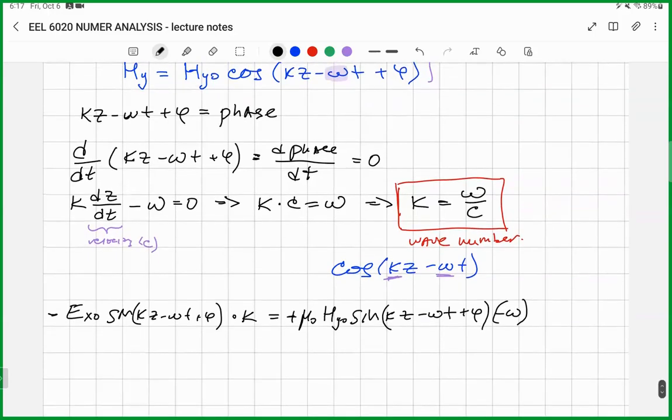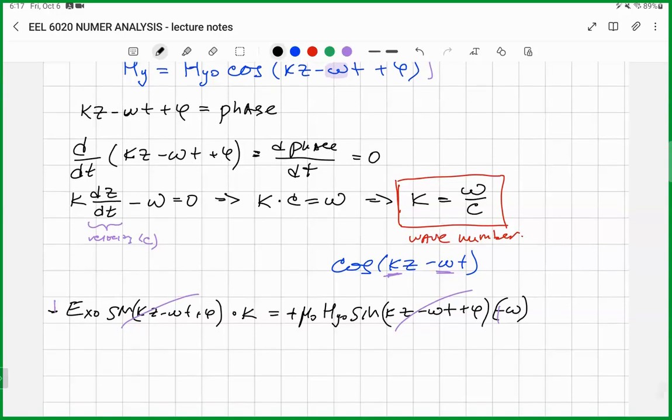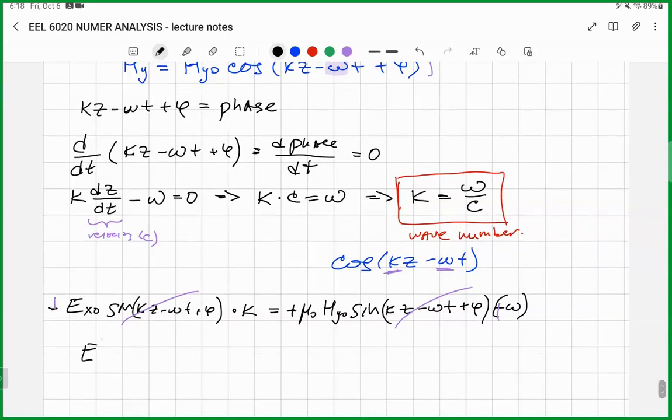Okay, so what I get, I can cross out the sine function here. Minus and minus also cancel out. And I get a pretty important result: the amplitude of the electric field in a plane wave times k, the wave number, is equal to mu 0 omega H y0.